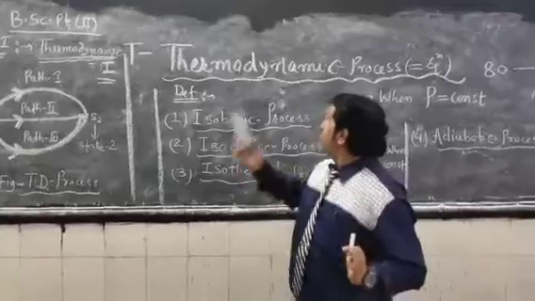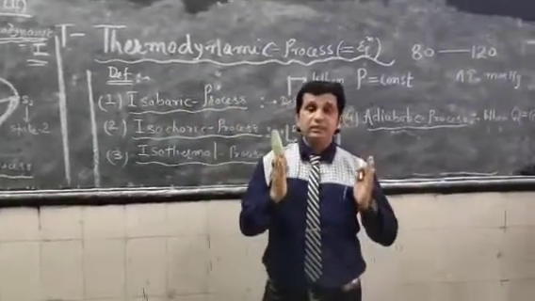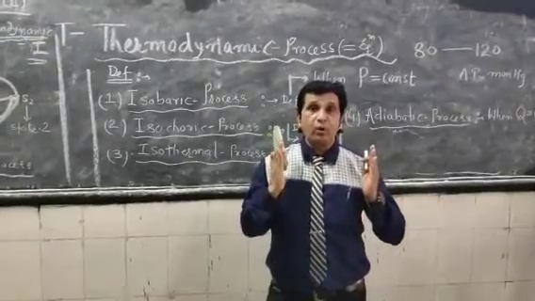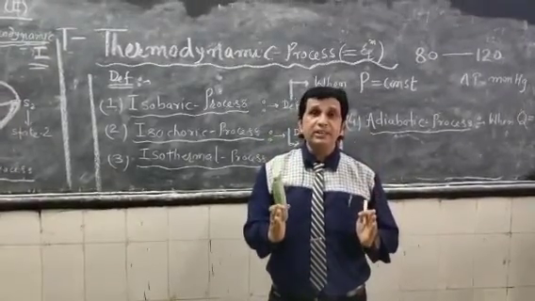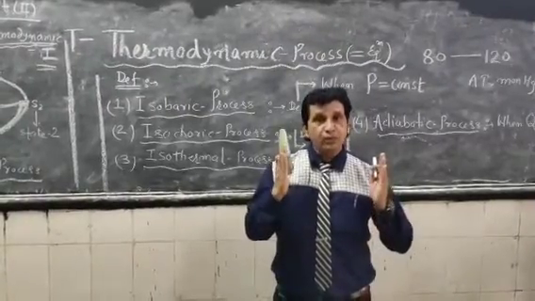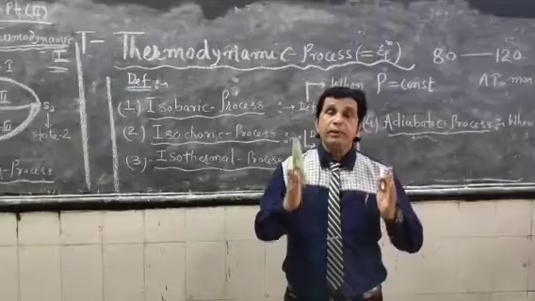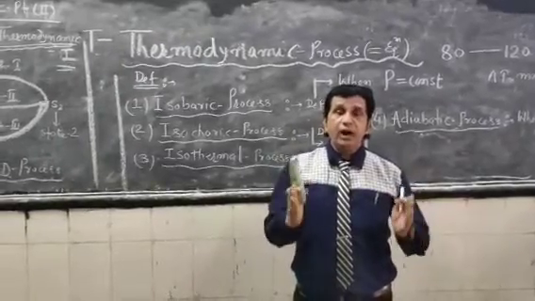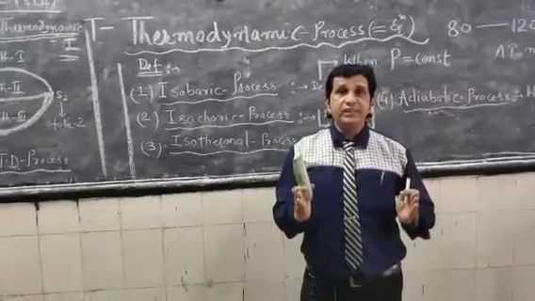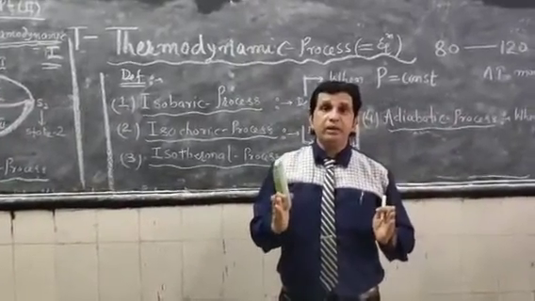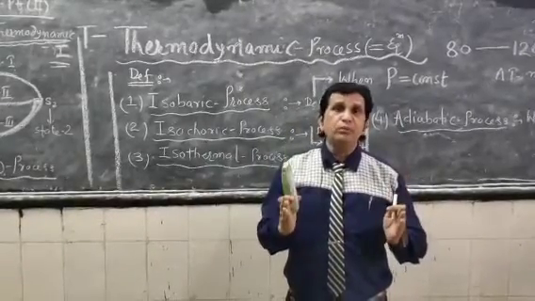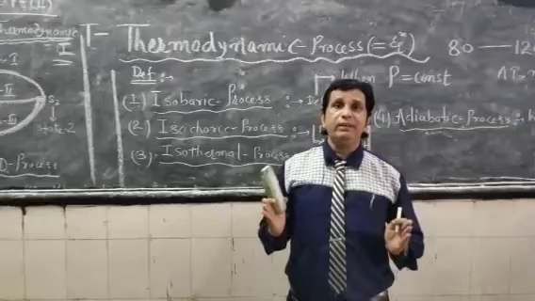Hence, a thermodynamic process is the total number of paths, routes or ways. Initially the state variables, pressure, temperature and volume, are changing, but after the completion of the reaction, the state variables like temperature, pressure and volume remain at a constant value.